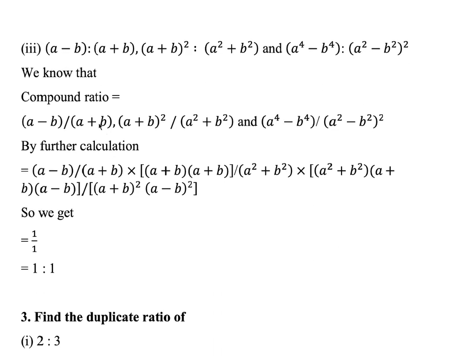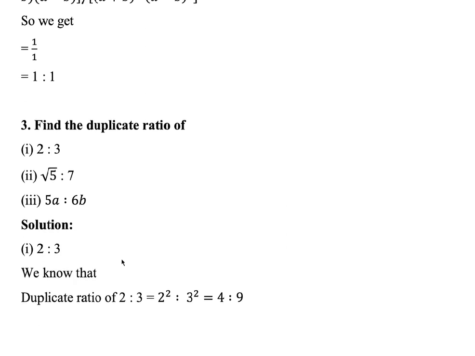We know that the compound ratio means always this one by this one, and again this one by this one, and again this one by this one. After that simply the multiplication, and you will get 1 by 1 as the answer.